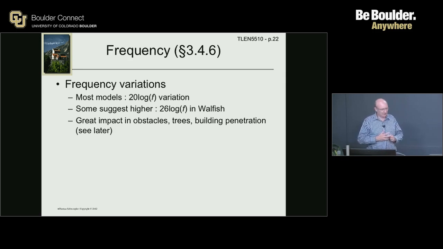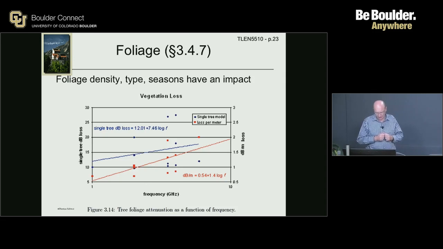But then all those models struggle with what to do with different obstacles, trees, buildings, etc. Building penetration is especially difficult. Foliage is difficult. It changes with seasons, with the type of trees, and many papers try to find some model. Some looked at the size of the leaves and looked at them as little ellipses all around the trees.